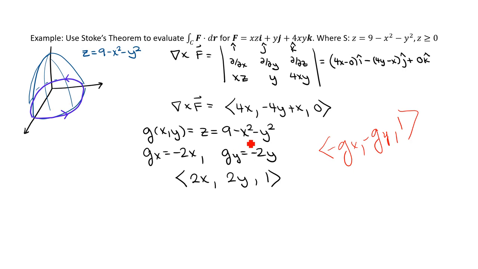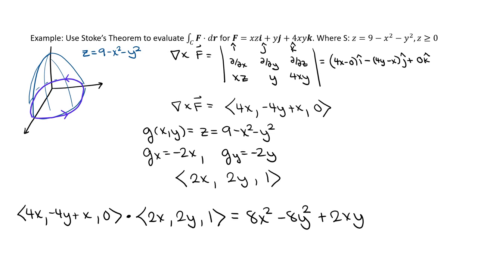Okay, so gx is negative 2x, gy is negative 2y. I change the sign of those. I get 2x, 2y, and then comma 1. So that is my upward pointing normal vector.